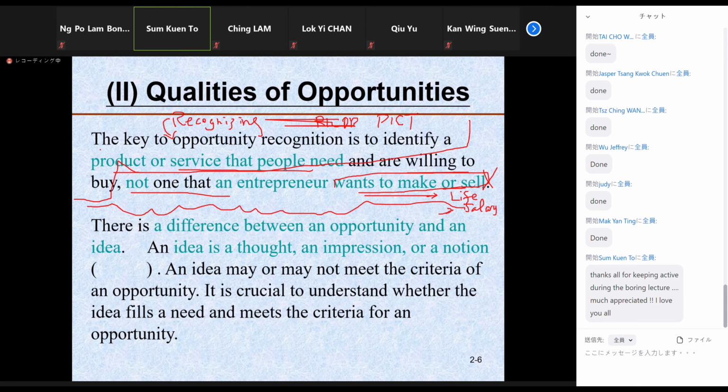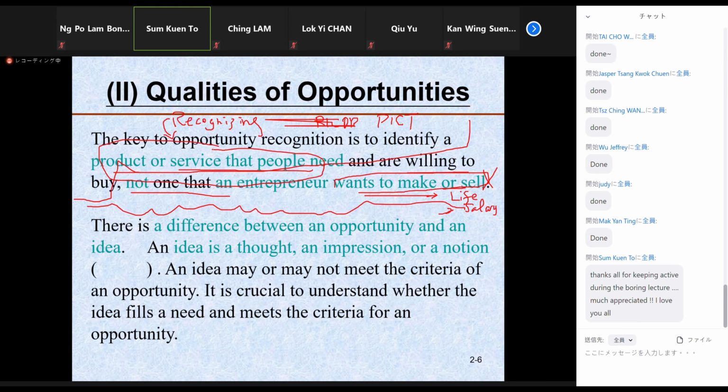And then when you classify yourself as an entrepreneur firm, when you recognize the opportunity, you must be customer focused, doing something not for yourself. You try to make the customer's life easier, make people productive.